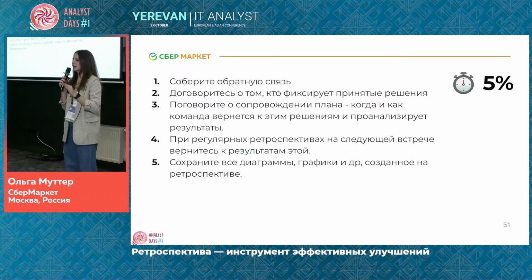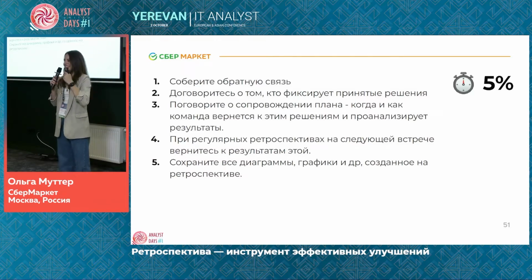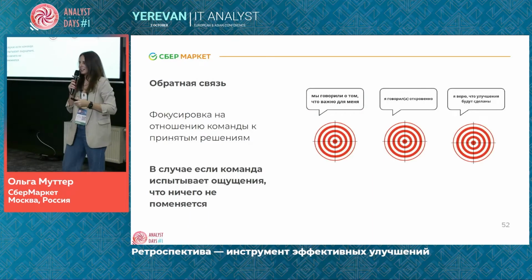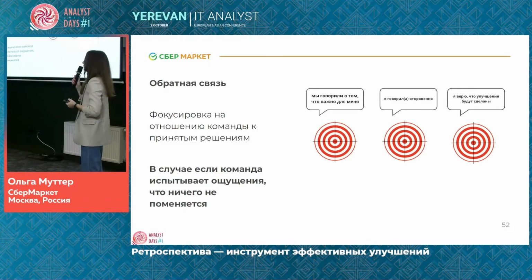You collect feedback, you agree upon rules, that you will come back in a month and discuss it again. And you do a retrospective of the retrospective, but very quickly. Here is the template for that. You might draw aims.